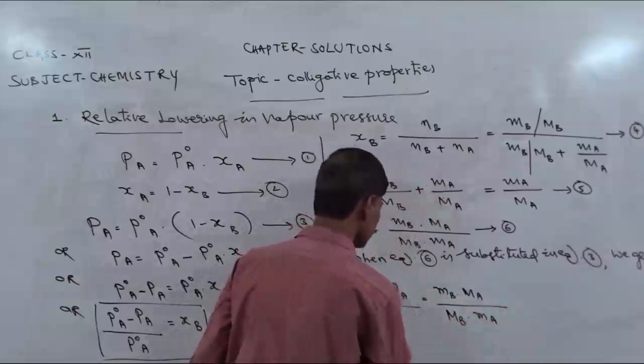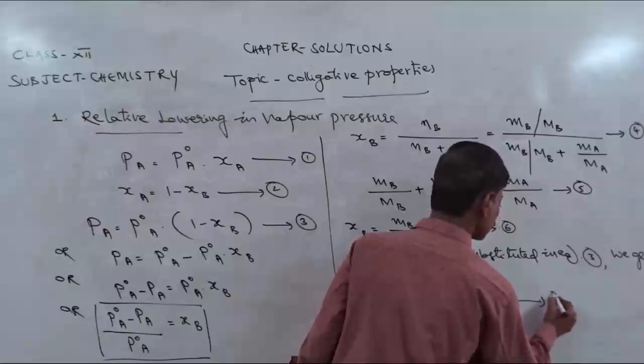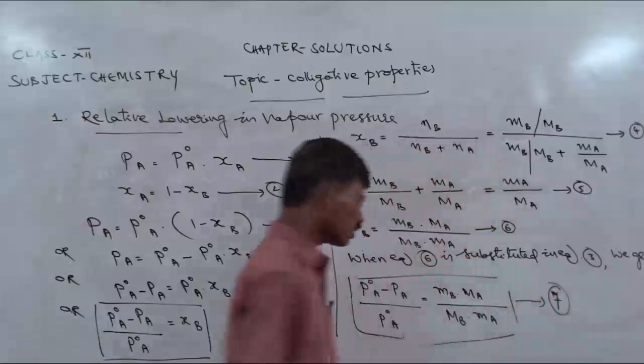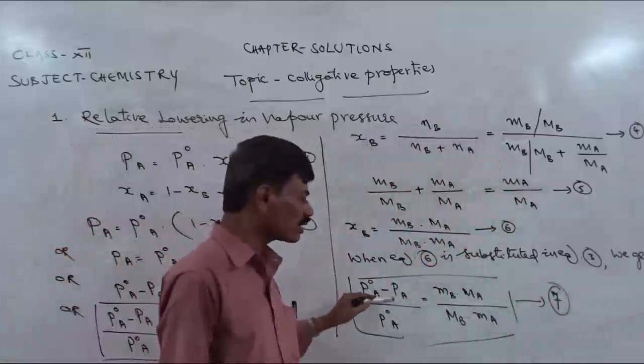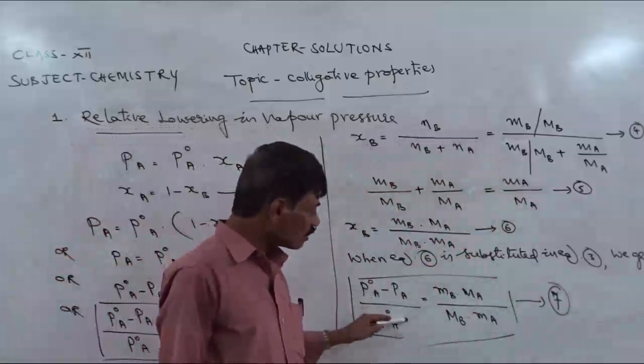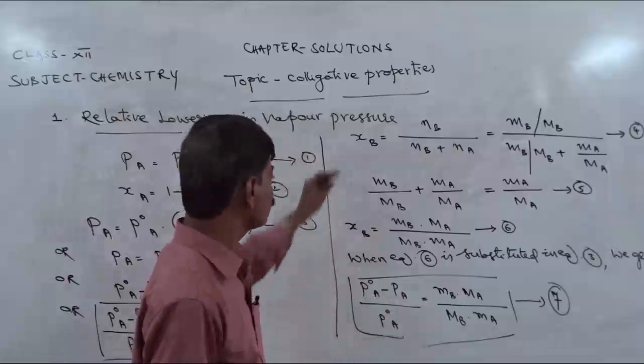This is the final equation. Let it be equation number 7. This shows the relationship between relative lowering in vapor pressure, which is equal to the mole fraction of the solute, that is chi B.